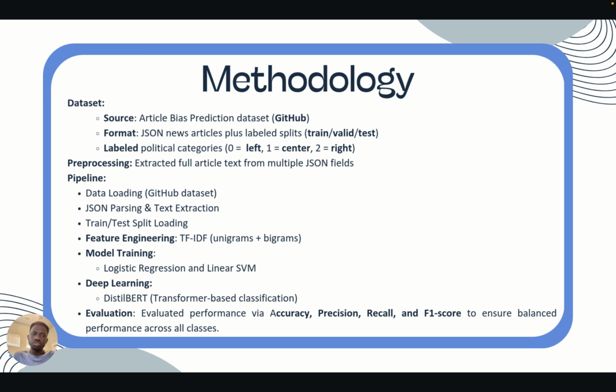On model training, we train two types of models: the classical machine learning models and the transformer-based deep learning model. And we evaluated all models using accuracy, recall, precision, and macro F1 score to ensure balanced performance across all classes. This pipeline allowed us to fairly compare simple models with more advanced transformer-based approaches.